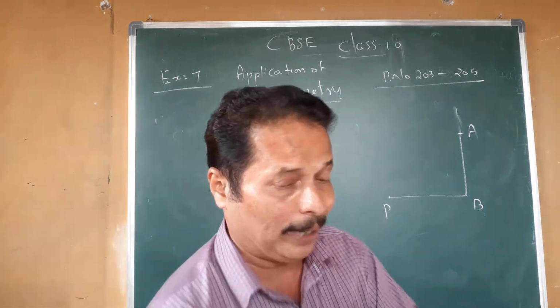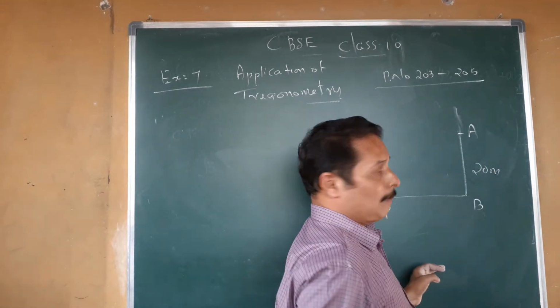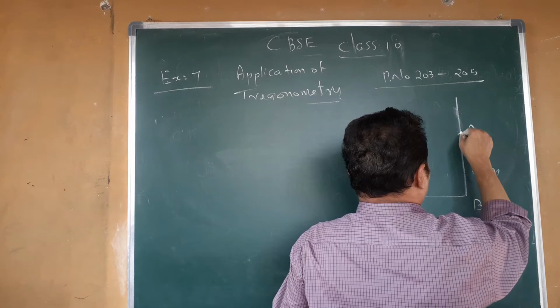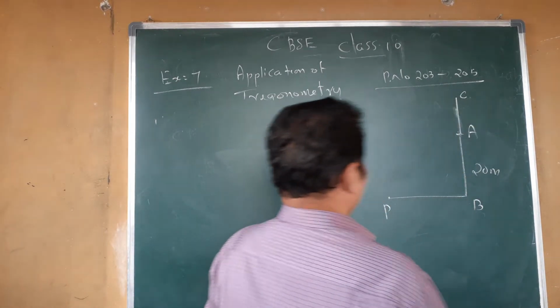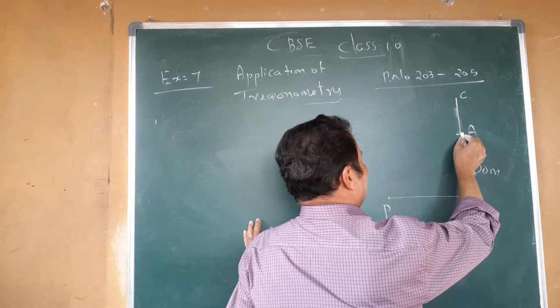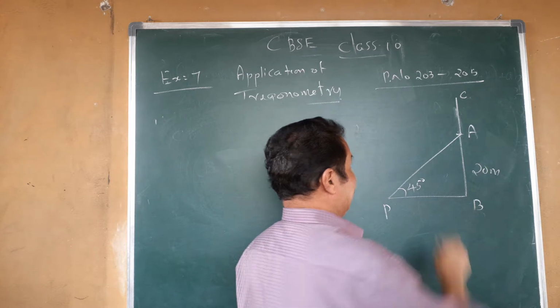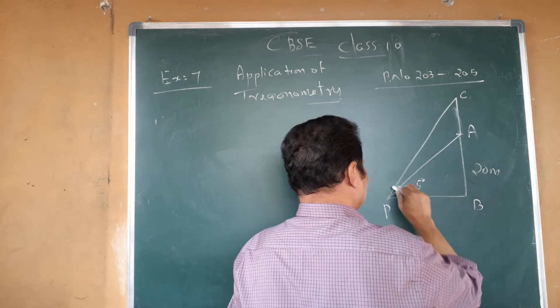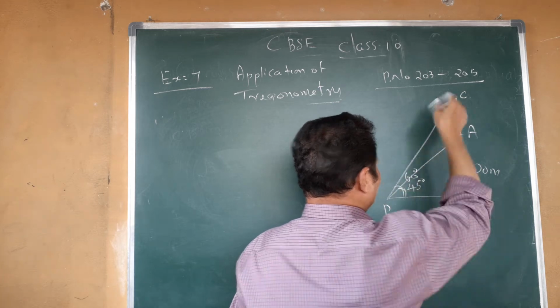So AB is the building, and here AC is the transmission tower. And from this point, the angle of elevation to the bottom is given as 45 degree and the top is 60 degree.